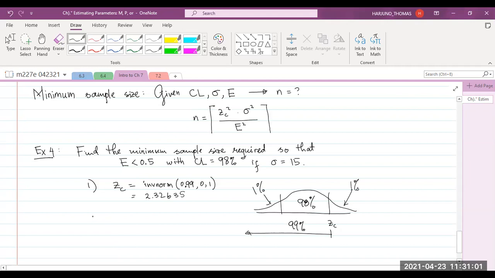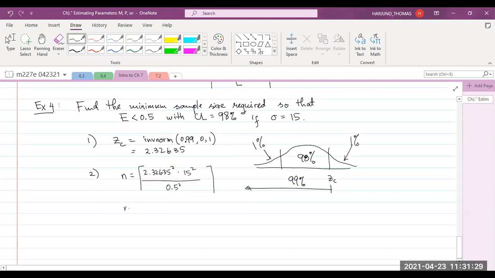Now, that's the first part. Then the second part, the minimum sample size will be 2.32635 squared. Don't forget to square it. Population variance is 15 squared, that's the standard deviation being squared, over the margin of error 0.5. So you want to be very, very accurate, that you are off by at most 0.5.